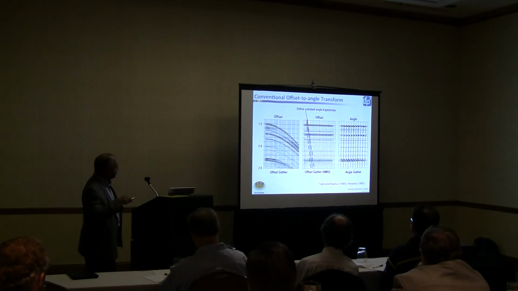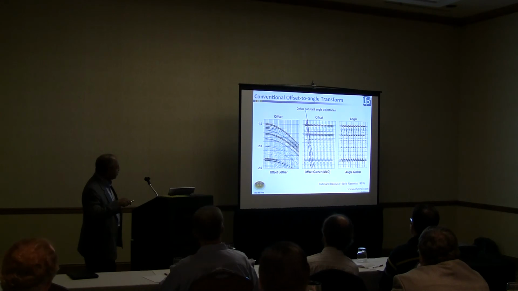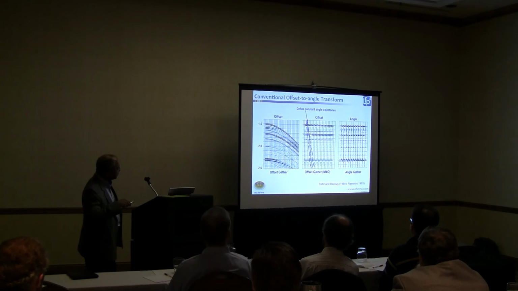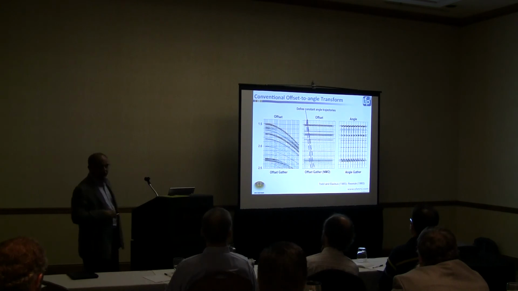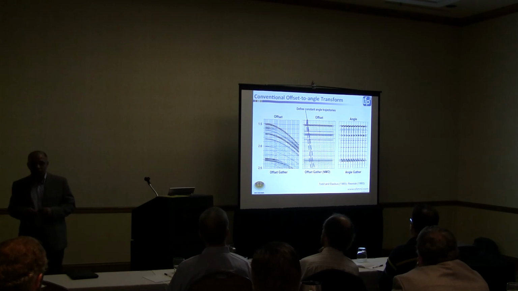Then we again find another angle, another zone for partial stacking, and get another trace. By repeating this for different angles, we go from the NMO uncorrected offset gathers to NMO corrected angle gathers. This is exactly what we do.